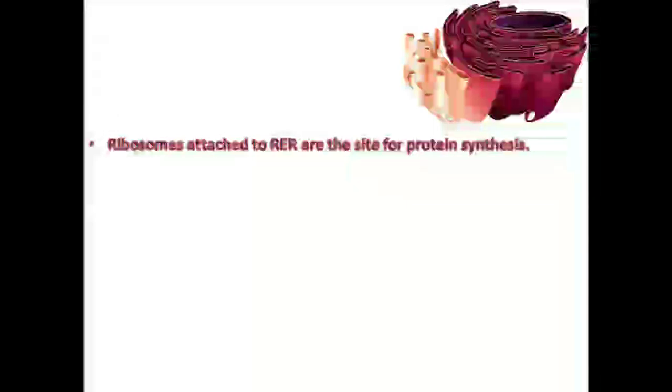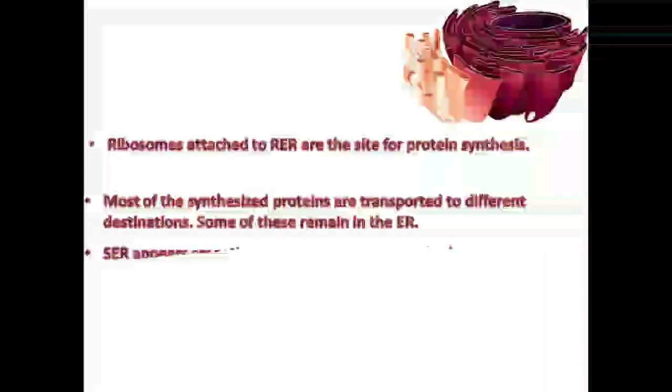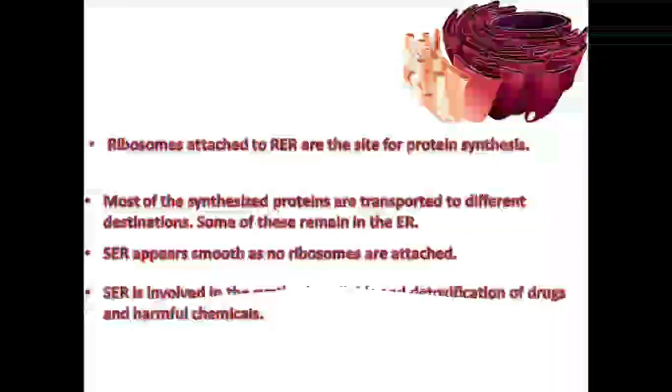Ribosomes attached to RER are the site for protein synthesis. Most of the synthesized proteins are transported to different destinations, while some of these proteins remain in the ER. SER appears smooth as no ribosomes are attached. SER is involved in the synthesis of lipids and detoxification of drugs and harmful chemicals.